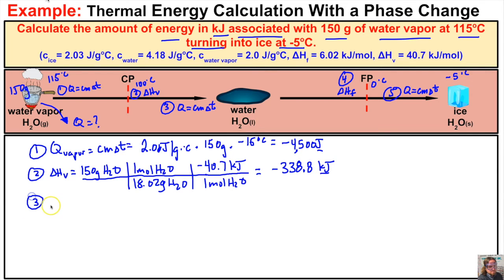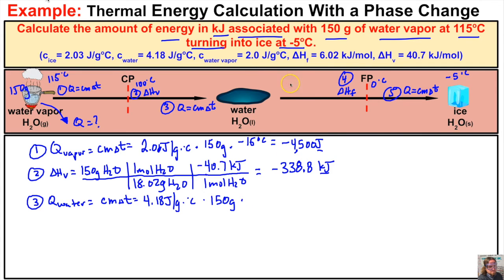Step 3, we'll have to figure out how much thermal energy this water is going to need to release in order to go from its condensation point, which is 100, to the freezing point, which is 0. We'll use C times M times delta T for this. Our specific heat capacity of water is 4.18 joules per gram degrees Celsius, times the mass, which is 150 grams, times the change in temperature.